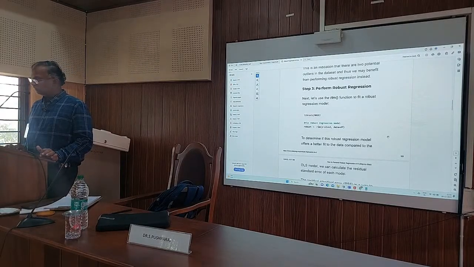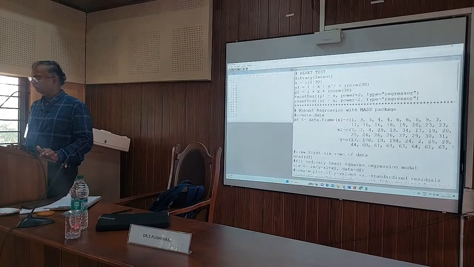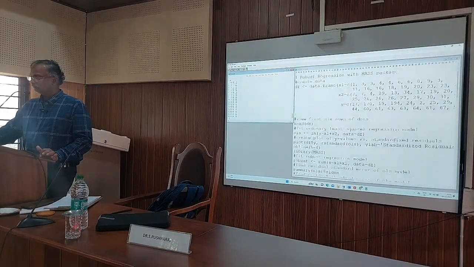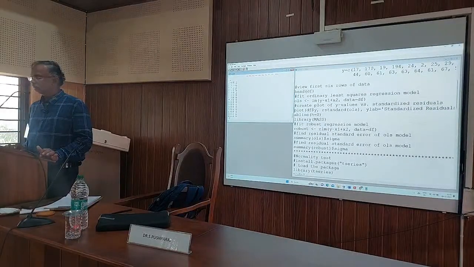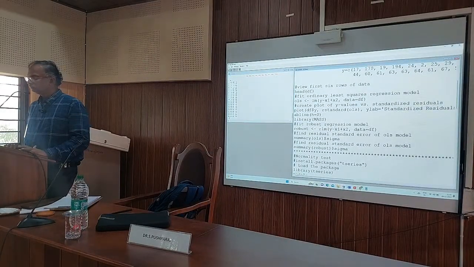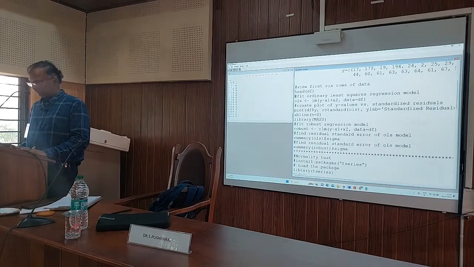So we are going to run that. I am going to run this with the outliers. In fact, we can compare the OLS and the robust model.